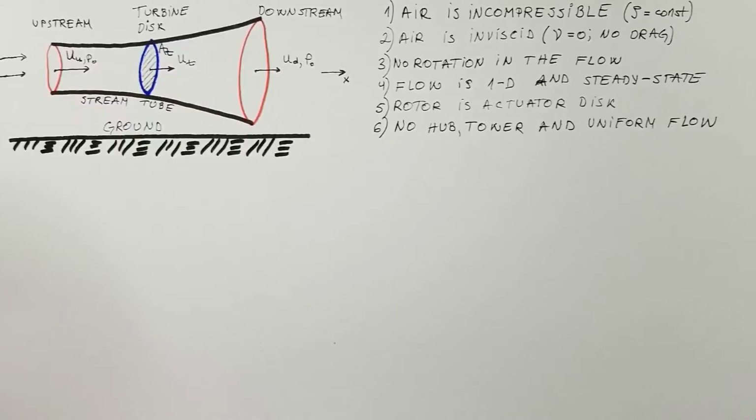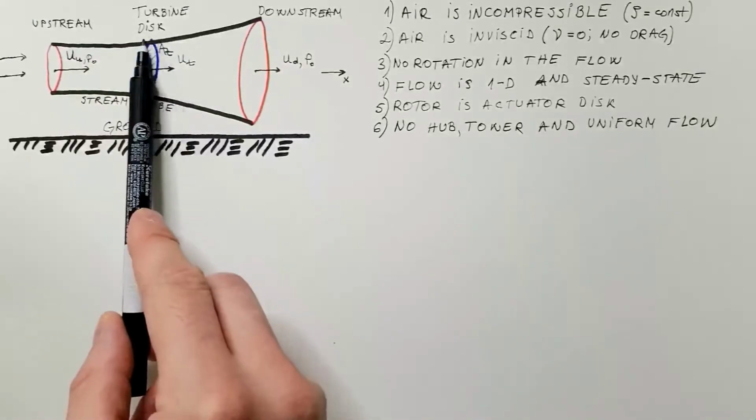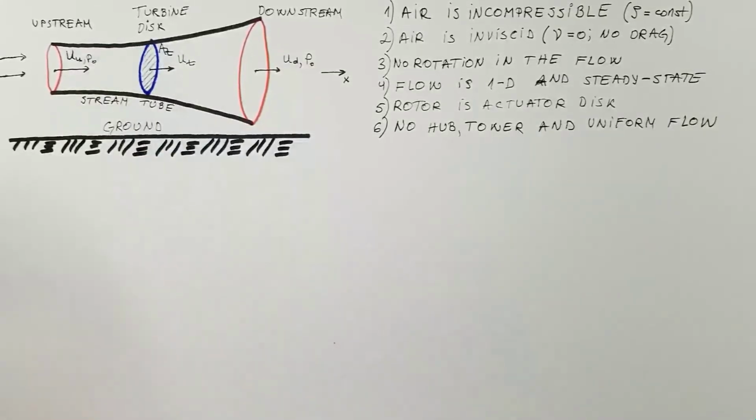Where on that scale 0 to 100 it sits is described by Betz law. And that is what we will derive today and discuss. Let us first discuss a sketch of this problem. We have ground, and in blue we have the rotor of a wind turbine.